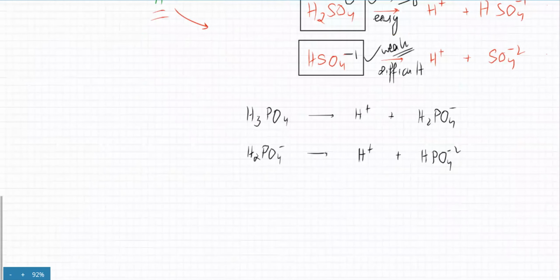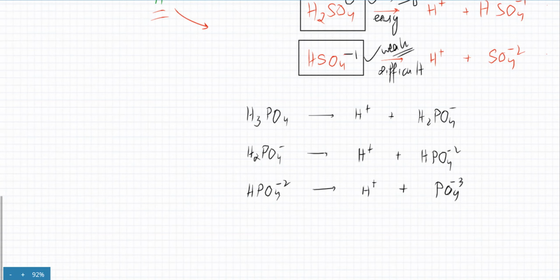And finally, the third one would lose an H+ and it would form PO4 minus 3.